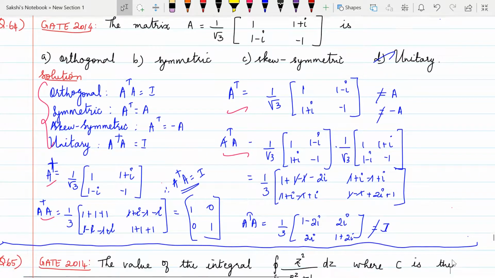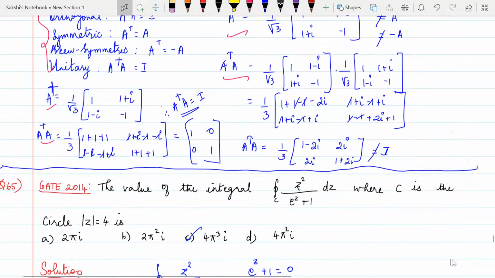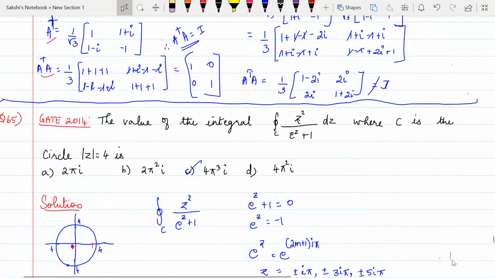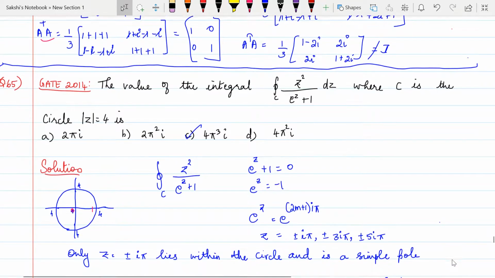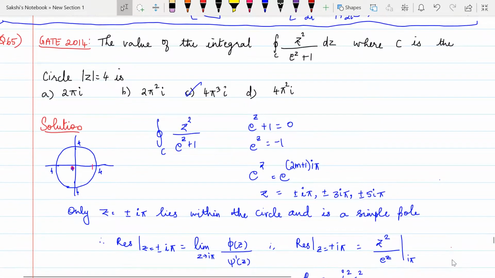Let us see the 65th question, which is from complex analysis. A very easy question, but you have to remember one thing. The question has an exponential term in the denominator. If you remember my complex videos from mathematical physics, I have given two formulas to find the residue.